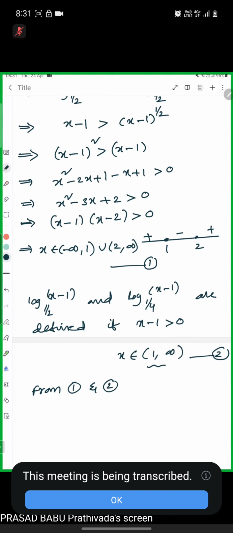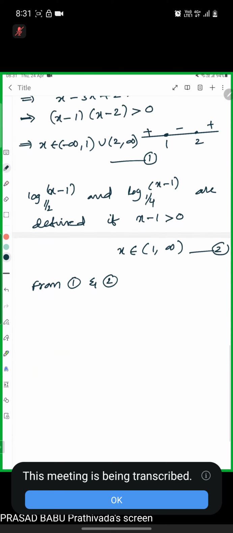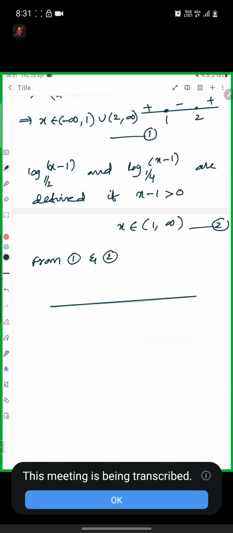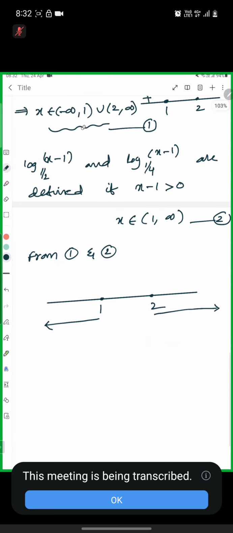See here. What are the real numbers that are there in this interval and in this interval? The first inequality says the x values are less than 1 and greater than 2. This is the region. The second inequality says all x values are greater than 1.